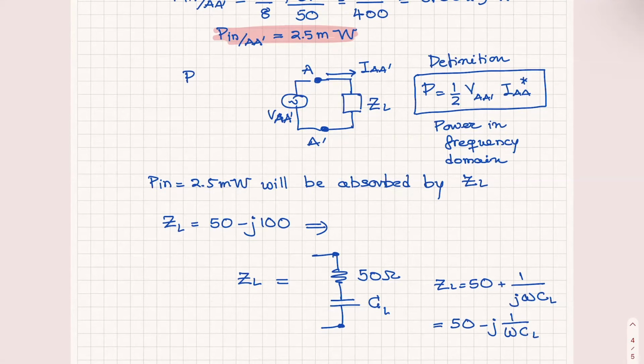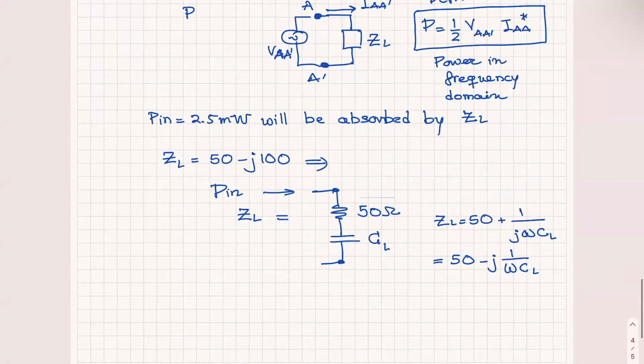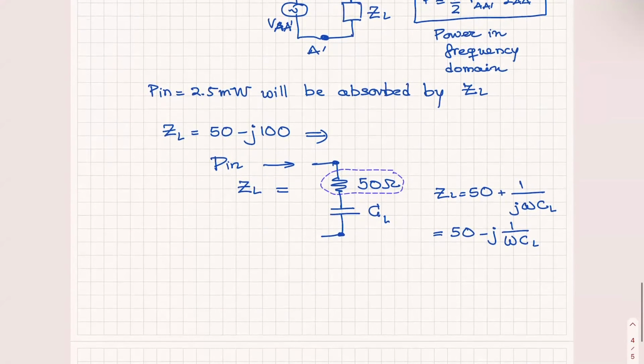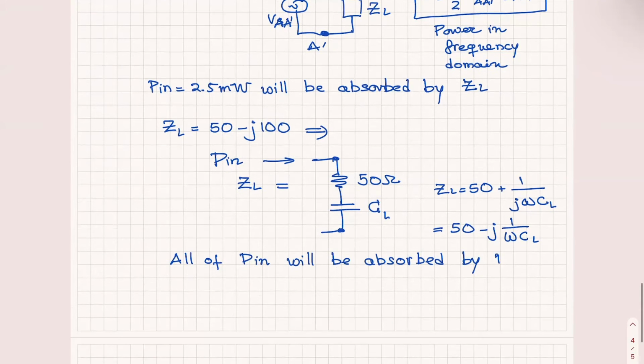All of the real power that goes here is going to be absorbed by the real part, by this resistor. So all of P in will be absorbed by the resistor.